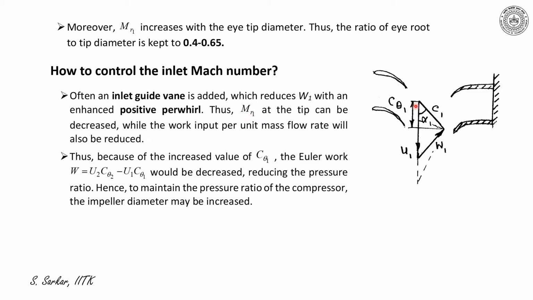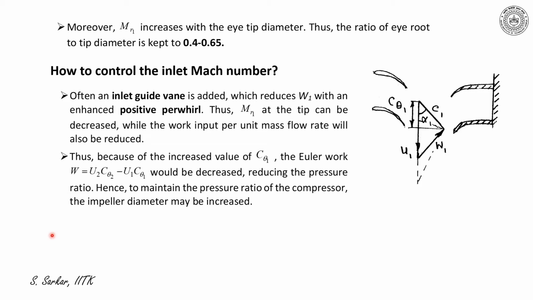However, because of the positive value of C theta 1, the work input per unit mass flow rate has also reduced. Thus, the Euler work, which is given by U2 C theta 2 minus U1 C theta 1, would decrease, reducing the pressure ratio. Hence, to maintain the same pressure ratio, the impeller diameter has to be increased.